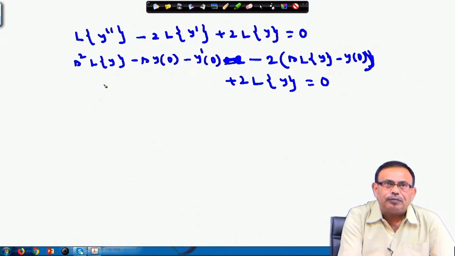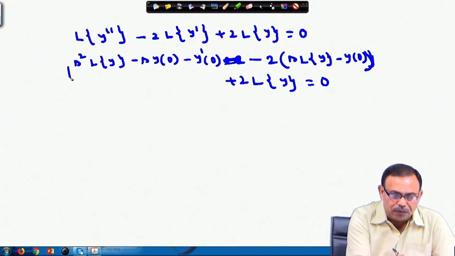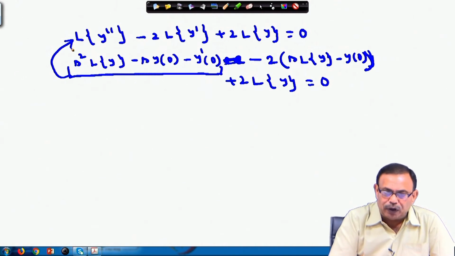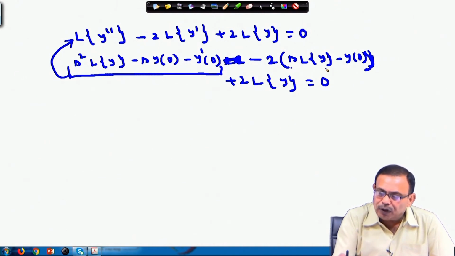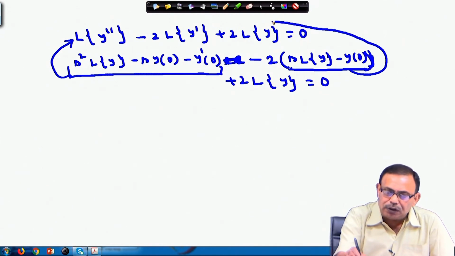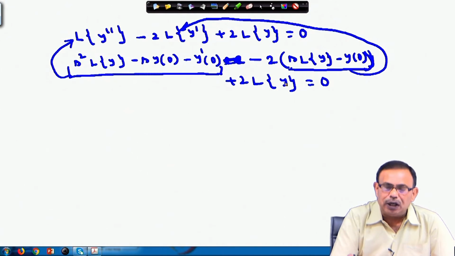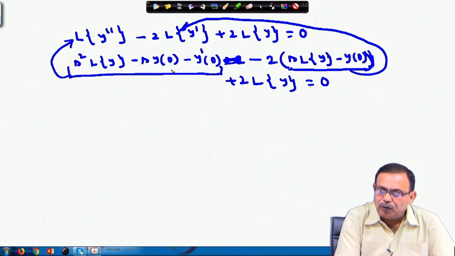So, what am I getting? s square Laplace transform of y minus s y 0 minus y dash 0. This term is for Laplace transform of y double dash, the next term is for Laplace transform of y dash, and this is twice Laplace transform of y. Now, I know the values of y 0 and y dash 0.